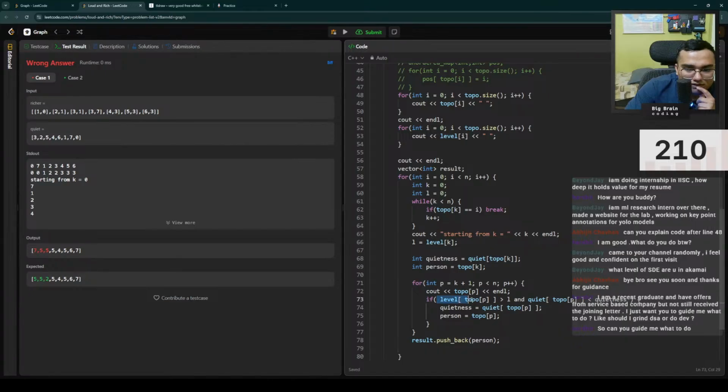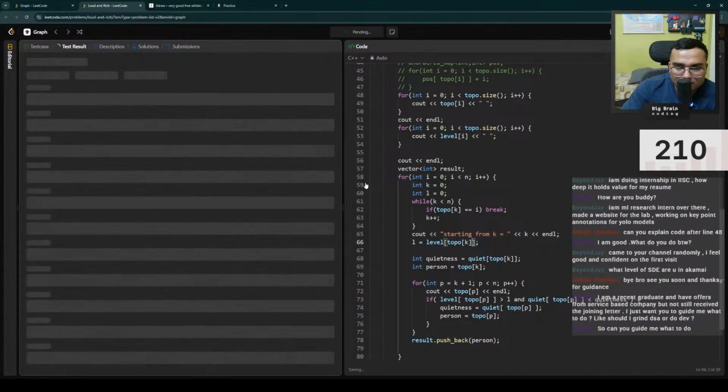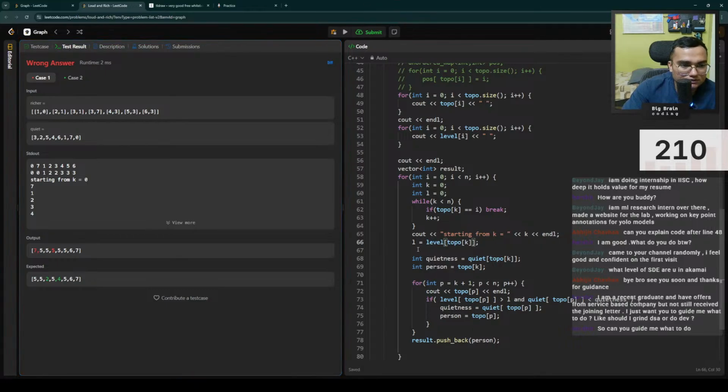But the level of 0 is not greater than L, man. What is L? Level of K? Oh no. Oh no. Oh no. This is complicated in my opinion. Fuck. क्या हो रहा है भाई?